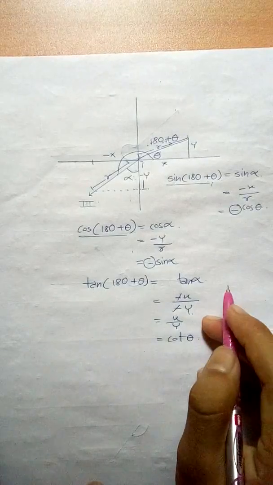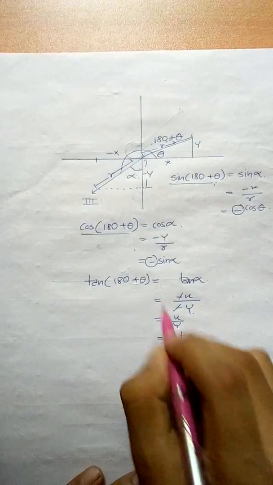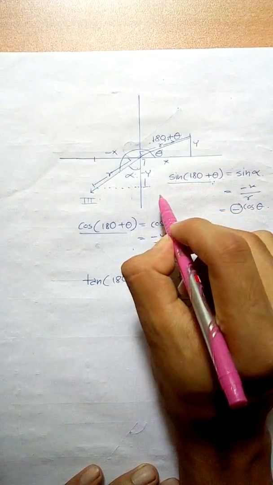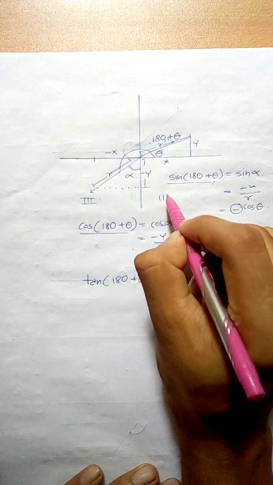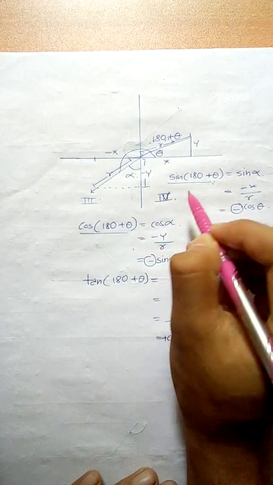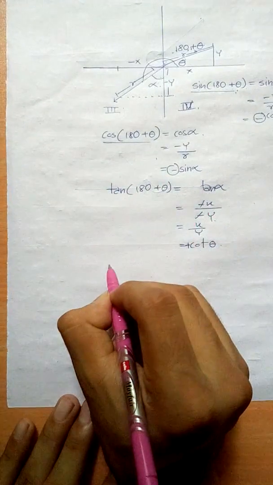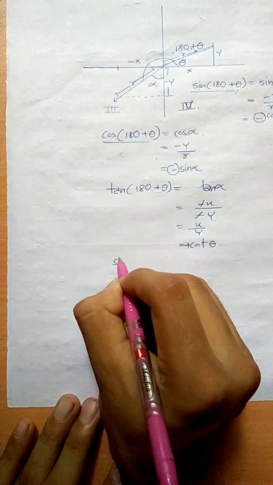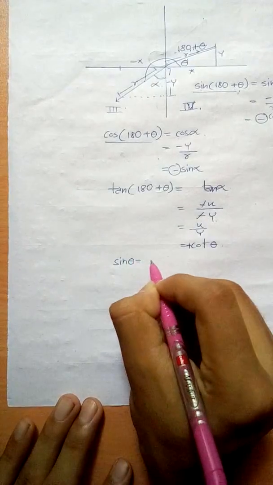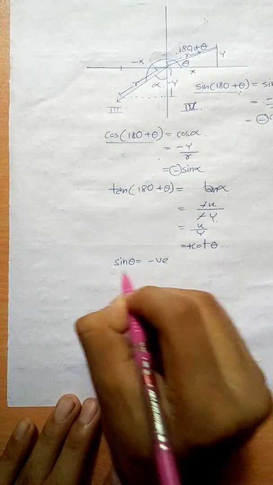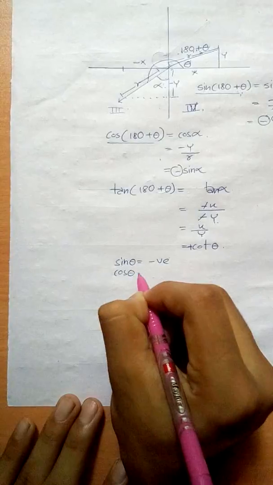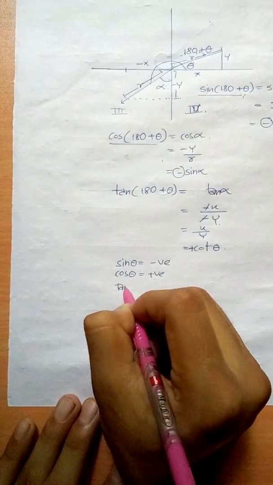Okay, and it is a positive value in the third quadrant, and similarly in the fourth quadrant, sine theta will always be negative, cos theta will always be positive, and tan will also be negative.